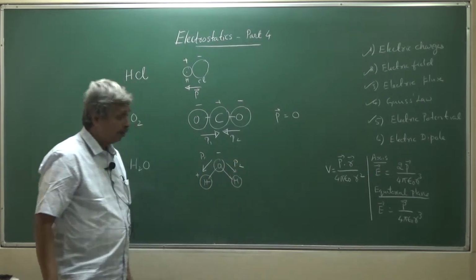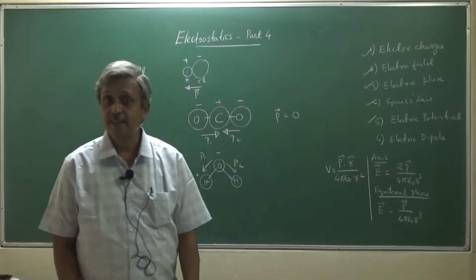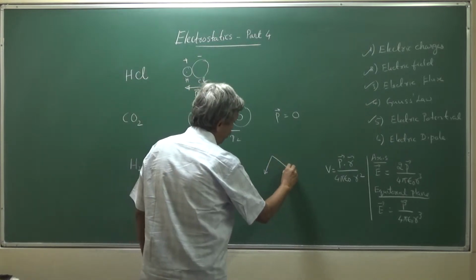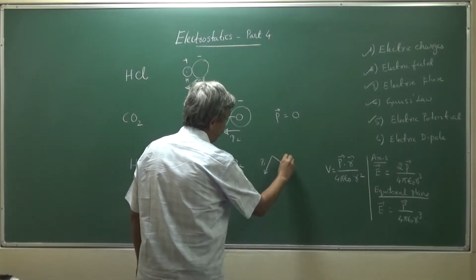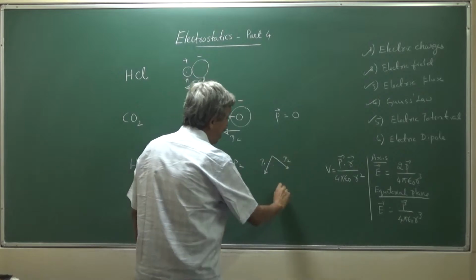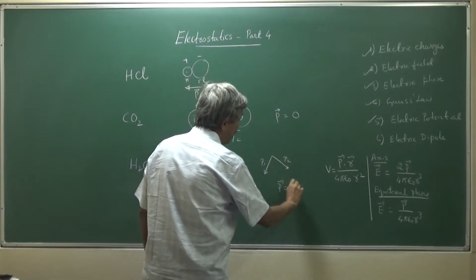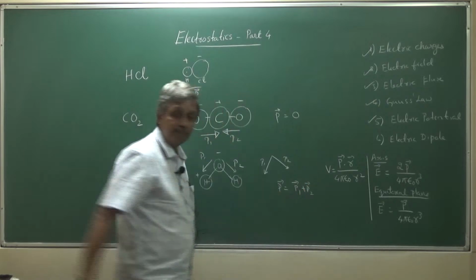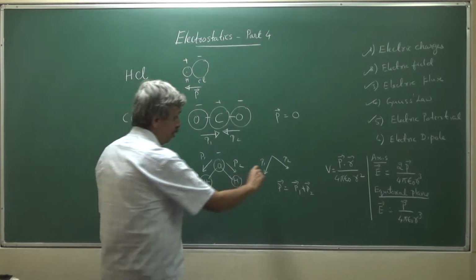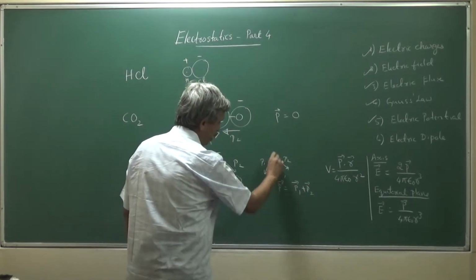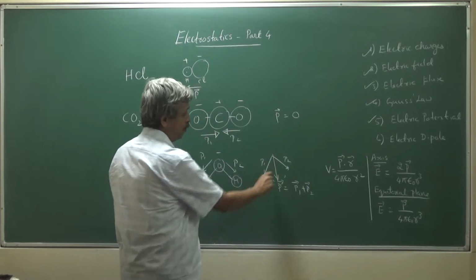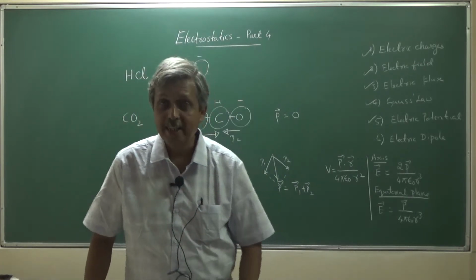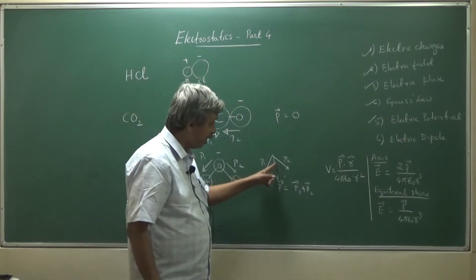So there are two dipole moments. One of them is P1, the other is P2. Now P is the vector addition of P1 plus P2. When you add them, you create a parallelogram and get P, by considering the angle between them.